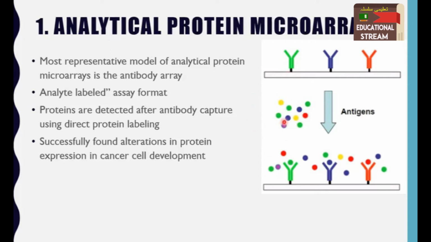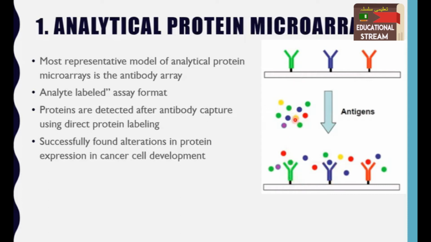These are different labeled proteins which are added to the antibody coated glass slide of the microarray experiment. And it is not necessary that only one kind of antibody can be coated. We can coat hundreds of thousands of kinds of antibodies in the same experiment, and these proteins make specific interactions with their particular antibody.